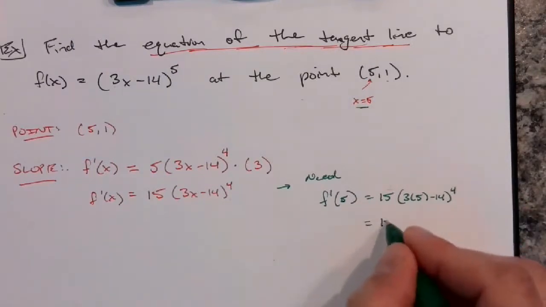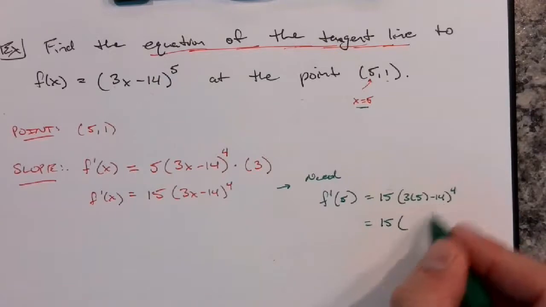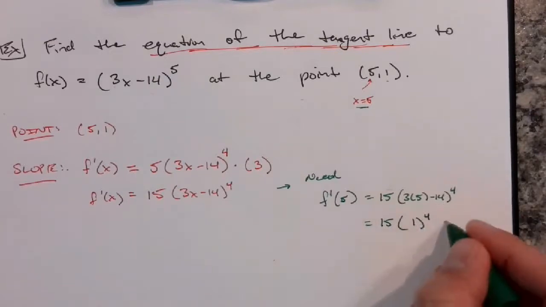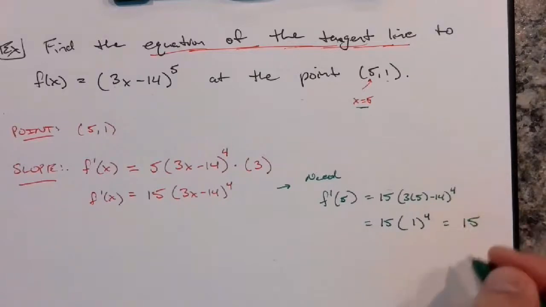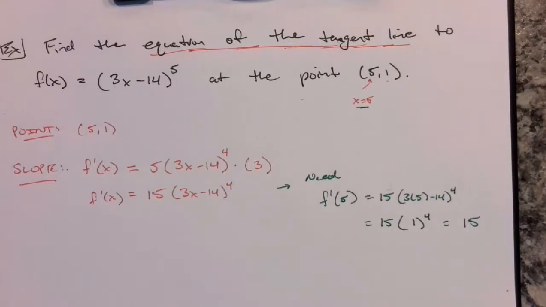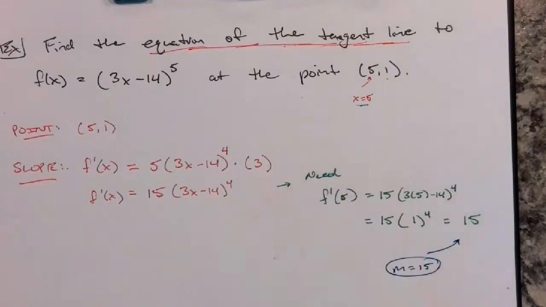We end up with 15 times, 3 times 5 is 15 minus 14. This is really like 1 to the 4th power. So this equals 15 times 1, which is just 15. Now what is that 15? Make sure you know what you found. The 15 is the slope. The slope is 15 at the point (5, 1). When x equals 5, the slope of our tangent line is 15.